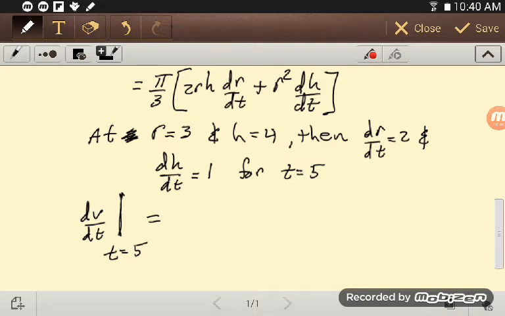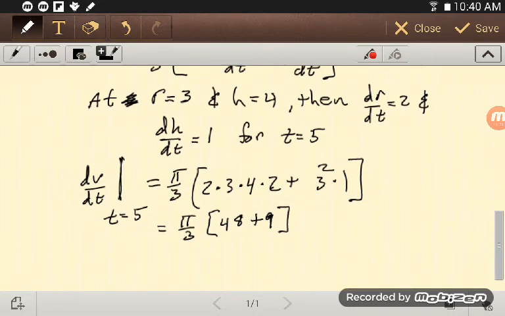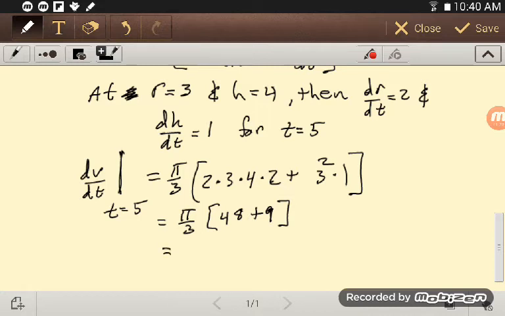And so I could plug all these things in. I've got my pi over 3, 2 times r was 3, h was 4, dr/dt was 2, r was 3, so that's 3 squared, dh/dt was 1. So I would have pi over 3 times, what do we have, 16 times 3 is 48, plus 9, so we get, is that 57?